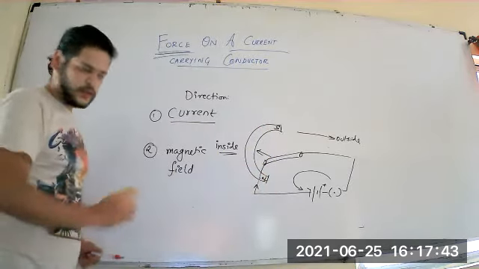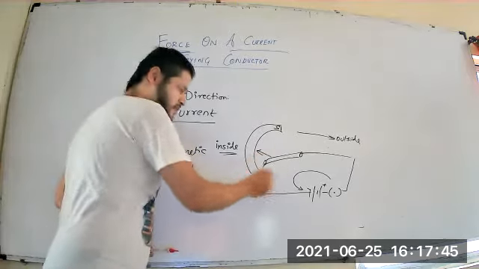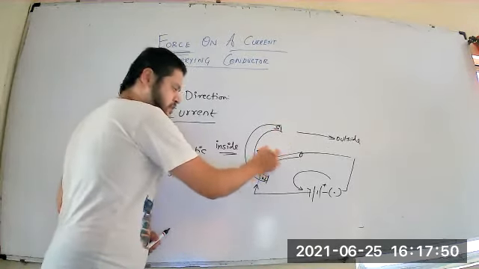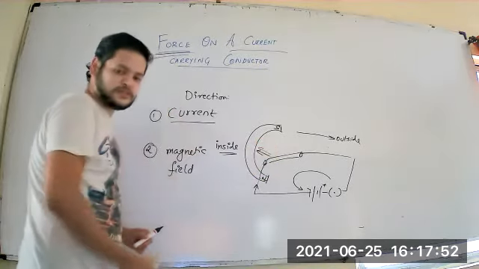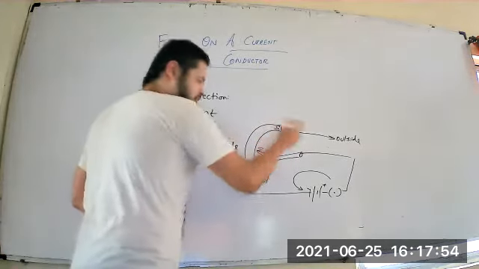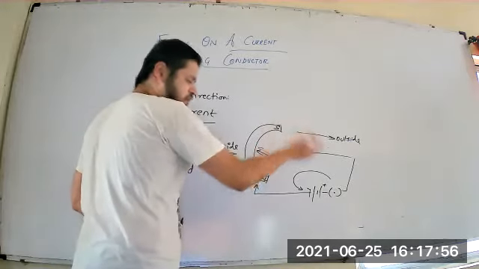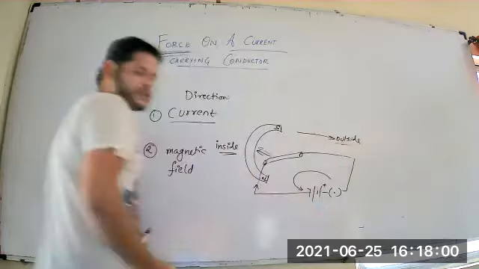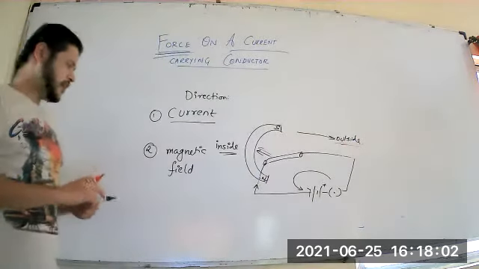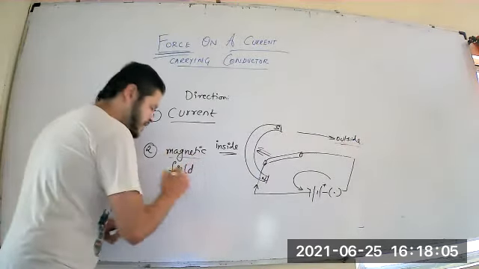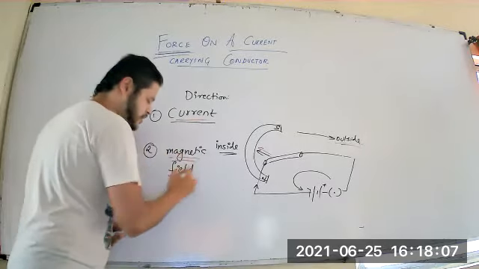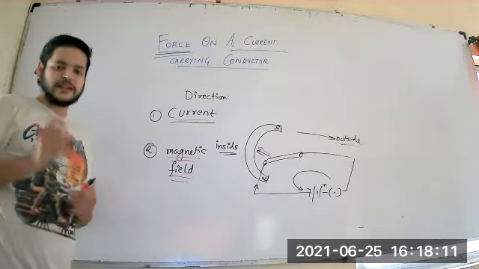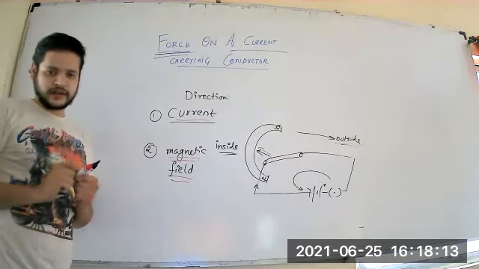So again we observe that initially, for this position, suppose the conductor is pushed inside, then when we interchange the magnetic field or reverse the direction of the field, we will see that the conductor is pushed outside. So these are two ways how we can change the direction of the force which is exerted on a current carrying conductor.